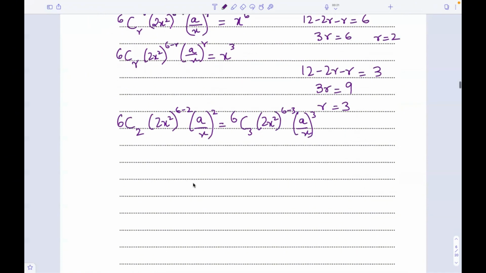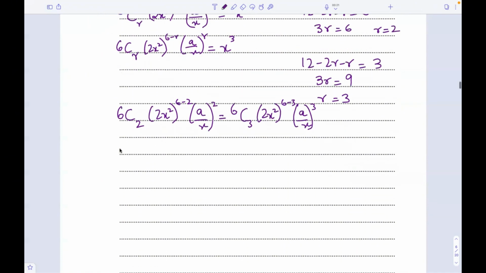Now simplifying both sides, we know that 6C2 is 15. 2 to the power 4 will become 16. x to the power 8 is equal to a squared upon x squared. 6C3 is 20. 2 to the power 3 will become 8. x squared to the power 3 will become x to the power 6. And this will become a cube upon x cube.